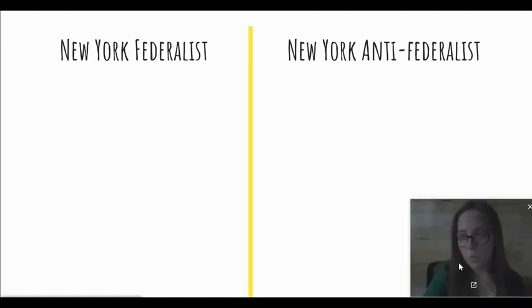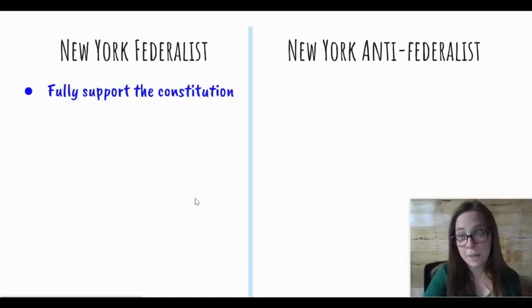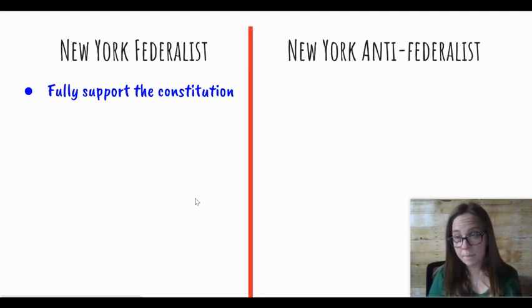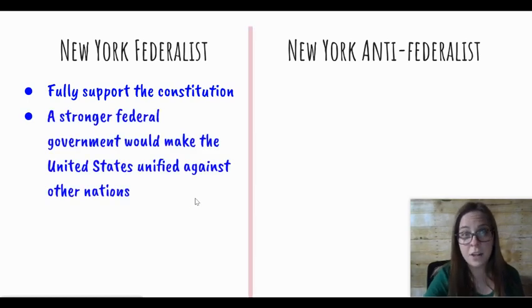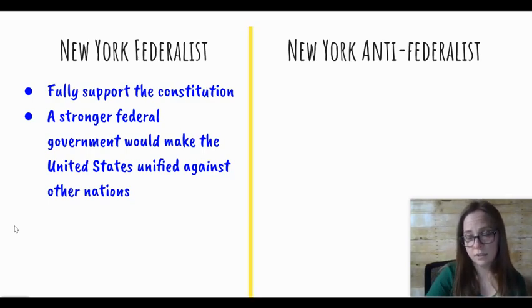First things first, what's a Federalist? We have to remember that these Federalists are people in New York at the time that fully support the Constitution. They want a stronger federal government, and they feel like federal governments that are strong would make the United States unified against other nations.